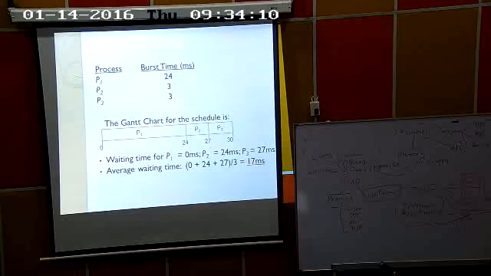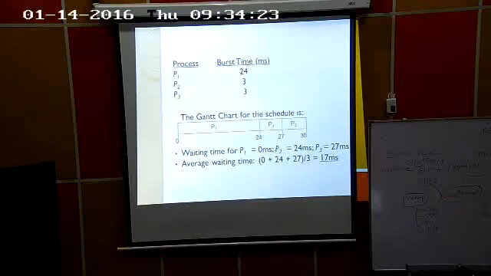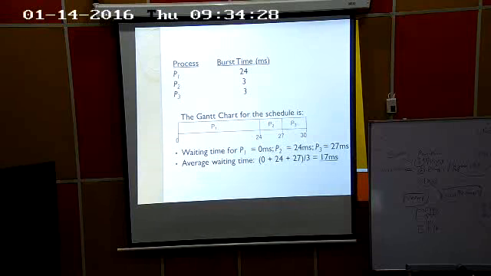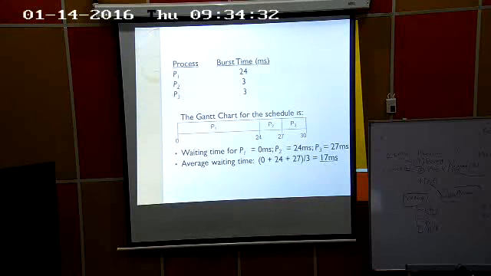Okay, for example, we have three processes: P1, P2, P3, with the burst time, the length to complete. P1 requires 24 milliseconds to complete. P2 requires 3 milliseconds. P3 requires 3 milliseconds.